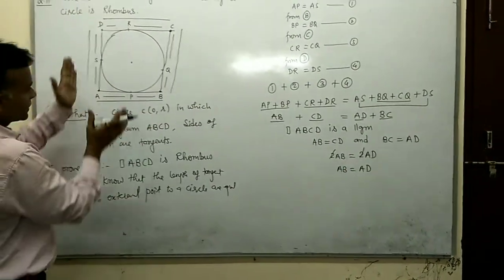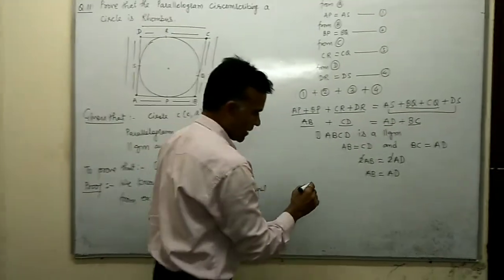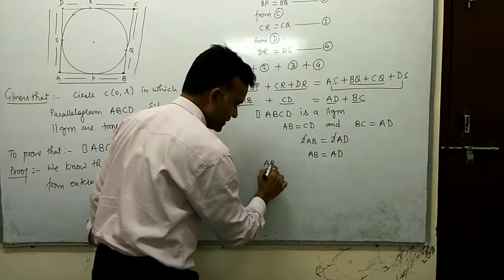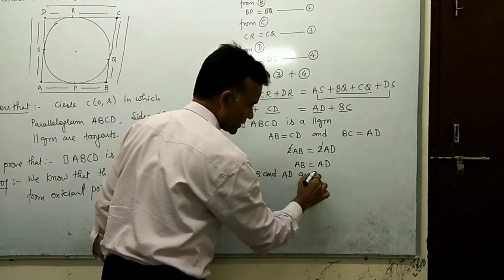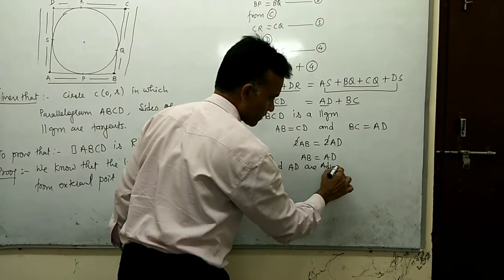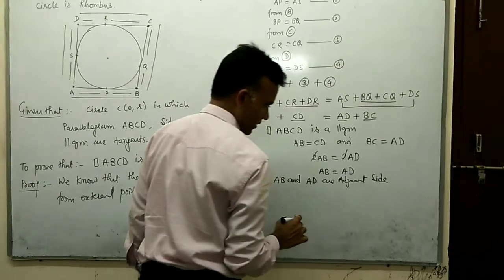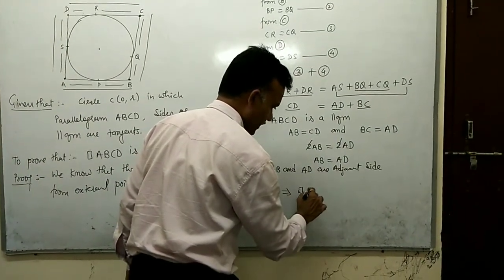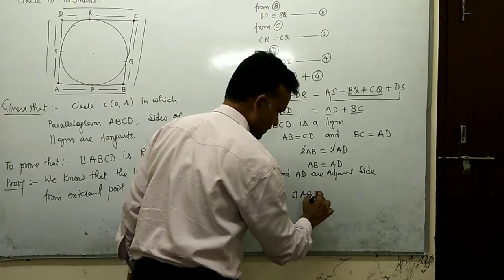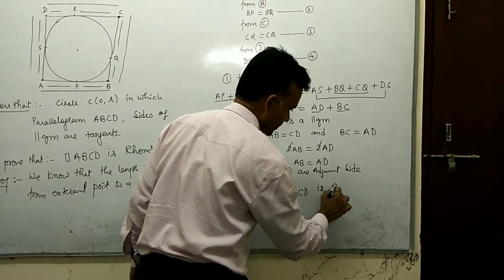AB and AD, these are two adjacent sides, and they are equal. It means quadrilateral ABCD is a rhombus.